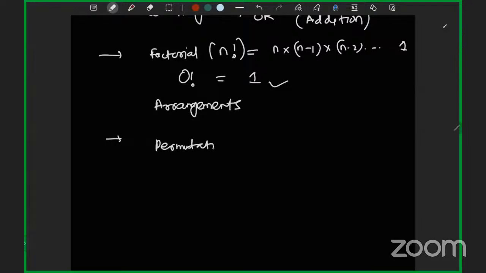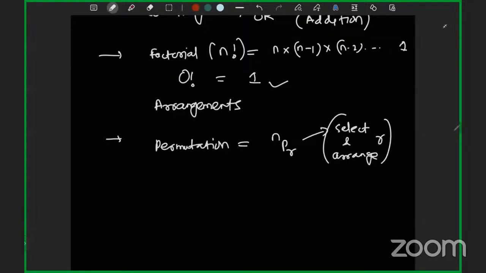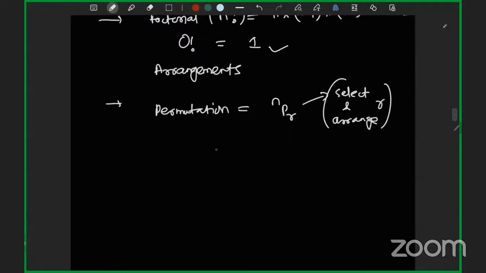In that, we have n number of objects, and the question is how to select. So in this there are two things: select and arrange. Select and arrange is what we do in permutation.